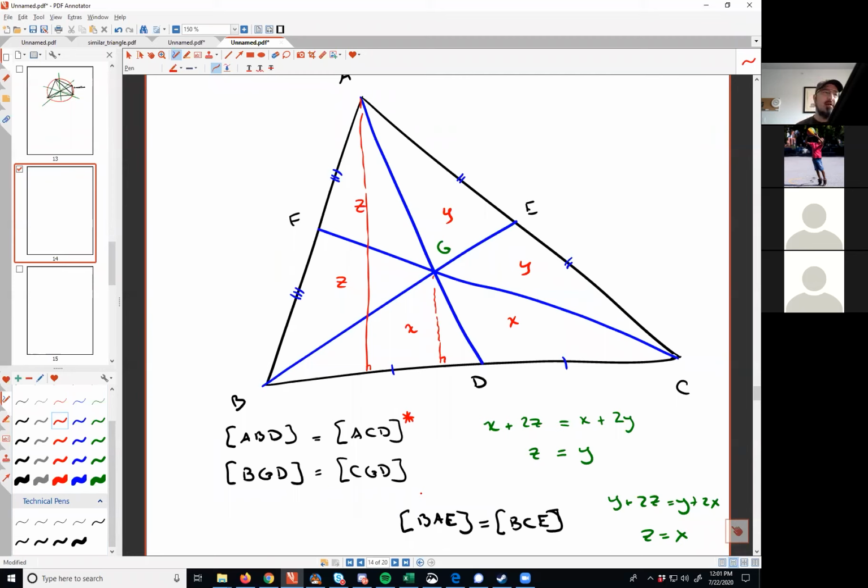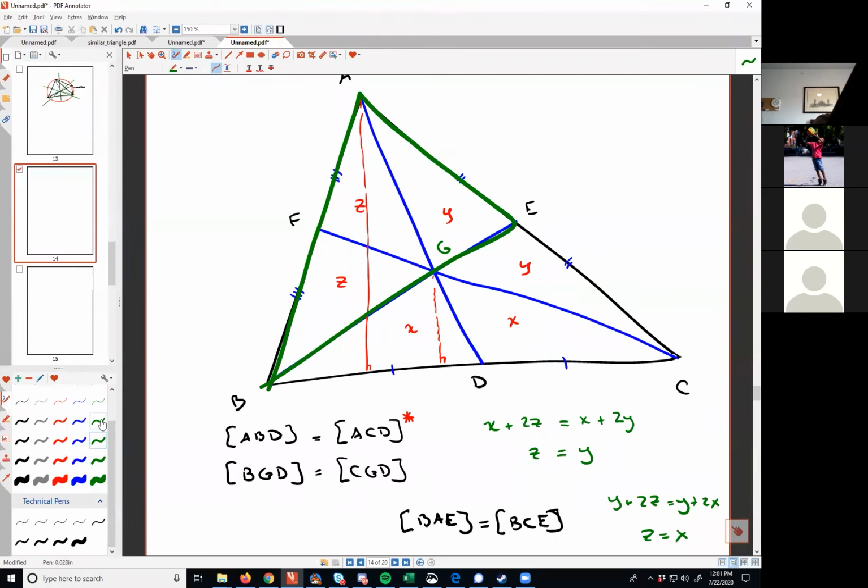But I'm going to point something out now. We just proved that all these areas are equal. And I want us to focus in on one of those triangles for a moment. Let's use this one right here, ABE.